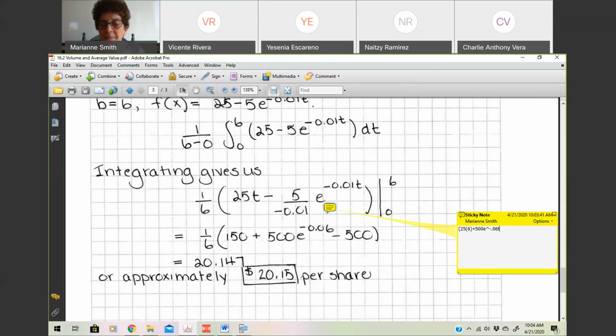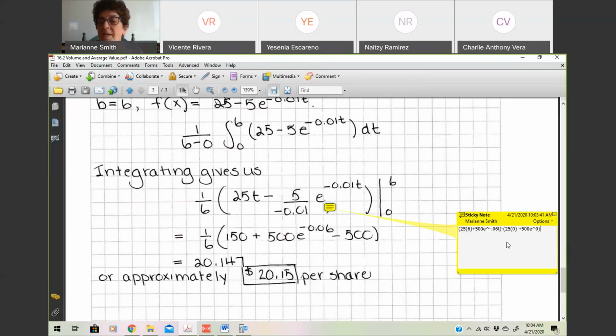That's the upper bound. And then I have minus the lower bound at 0. So I have 25 times 0, which is 0, and then plus 500 e to the negative 0.01 times 0, which is going to be 0. Everybody all right with that?